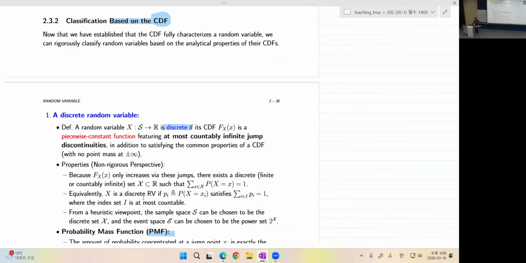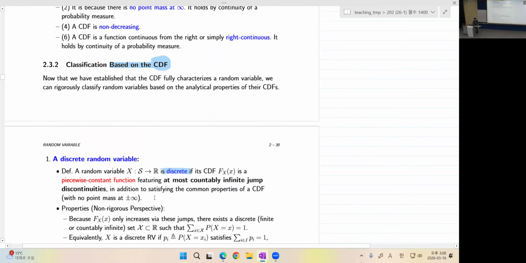Fortunately, now you already know the terminology. 이산 확률 변수, discrete random variable, and 연속 확률 변수, continuous random variable, and you have the idea. But actually, that terminology is based on the CDF.